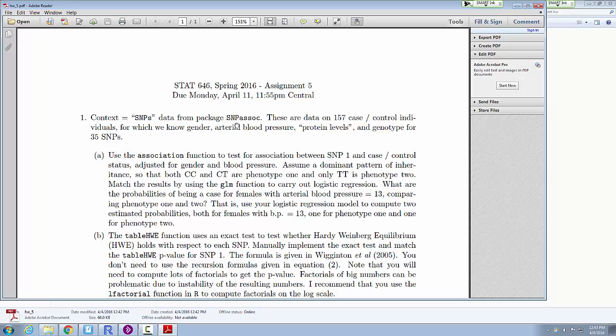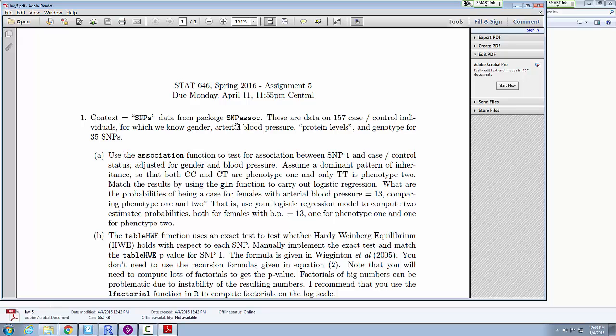If it's categorical, like cancer or not cancer, then we could do basically logistic regression: yes or no, cancer or not, in terms of genotype for the SNP.